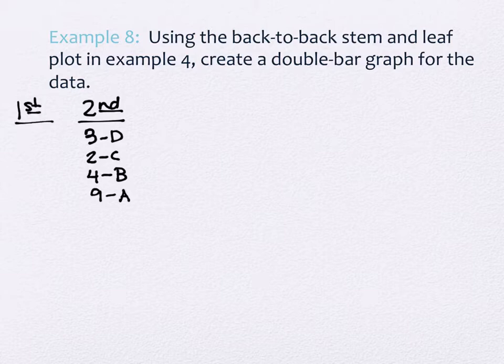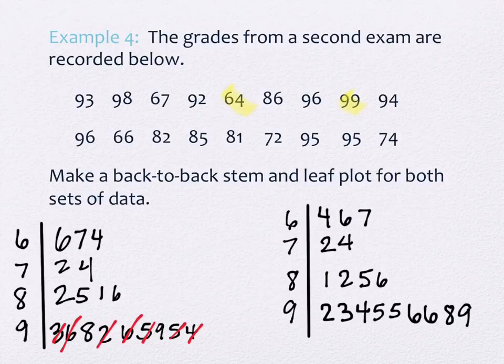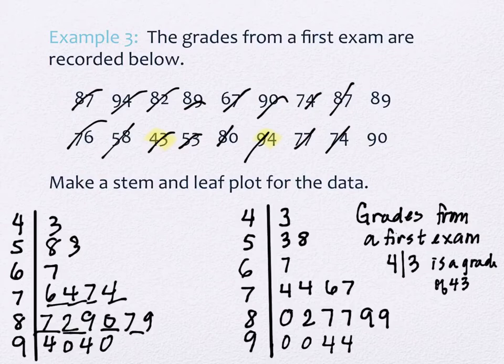And that's a ways back. We don't have it right near handy, but we did it back on example 3. We did on example 2 as well. But if you flip back to example 3, I'll flip back here for just a moment. We have the stem and leaf plot for the grades on a first exam.